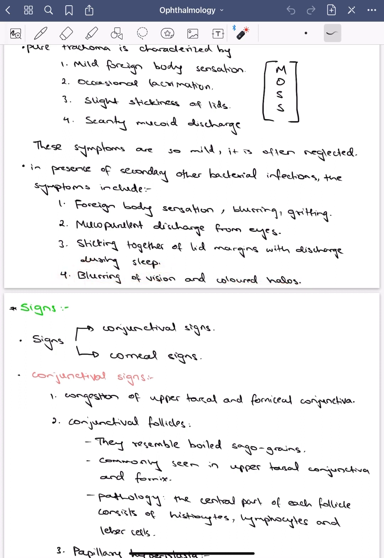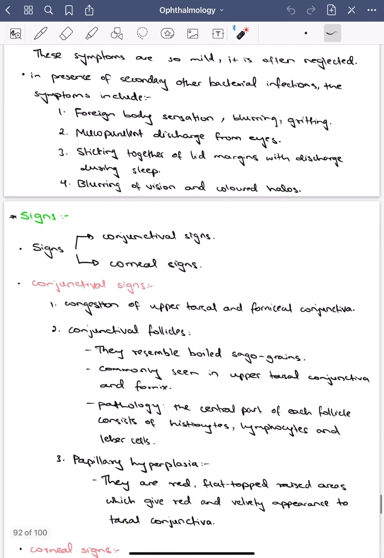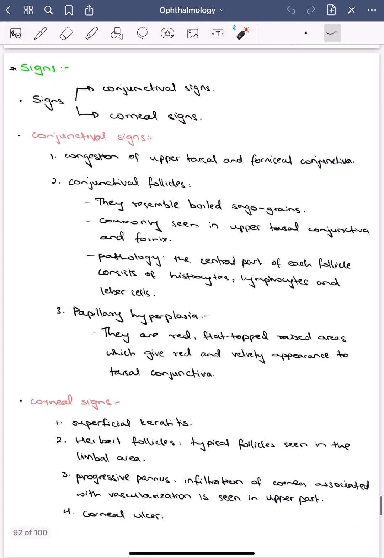So remember the MOS features: mild foreign body sensation, occasional lacrimation, stickiness of the lids, and scanty mucoid discharge. All of these are exaggerated in the presence of secondary bacterial infection. So we have foreign body sensation, gritting and blurring of vision, mucopurulent discharge, sticking together of the lids with discharge during sleep, and colored halos. So these are the symptoms of active trachoma.